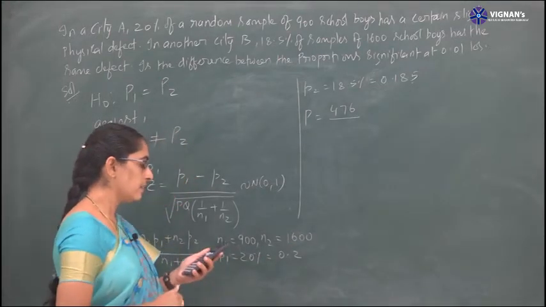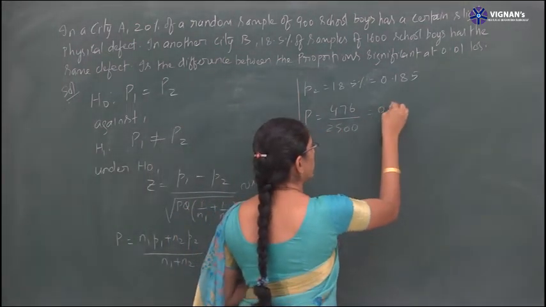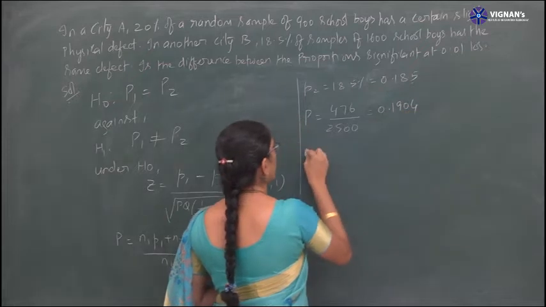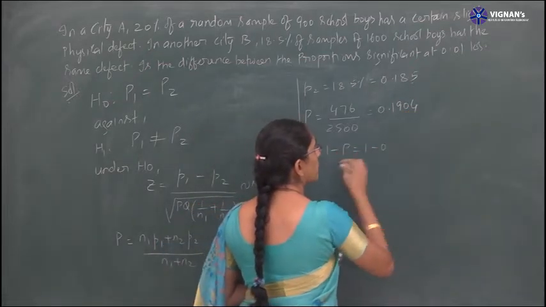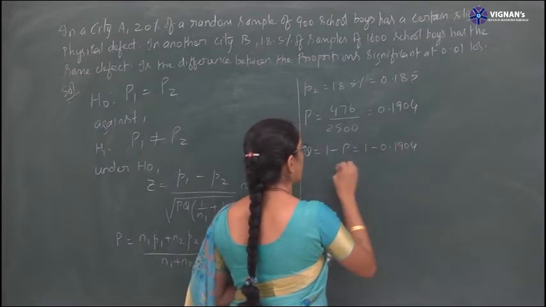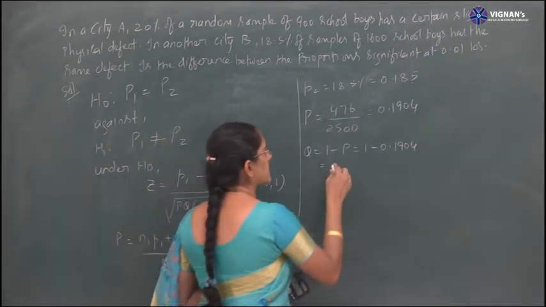So it is 0.1904. Then capital Q is 1 minus P, that is 1 minus 0.1904, which is 0.8096.